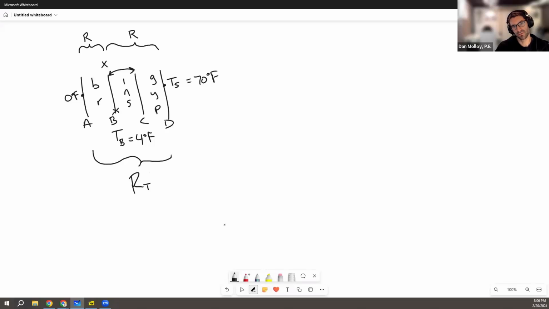It's partial, but the question is which part? And you chose this part for the brick, thinking, I know the resistance of the brick, and when you do that, you get temperature at B equals 66. It makes no sense. So what you have to do instead is make this your Rx, which is not intuitive.